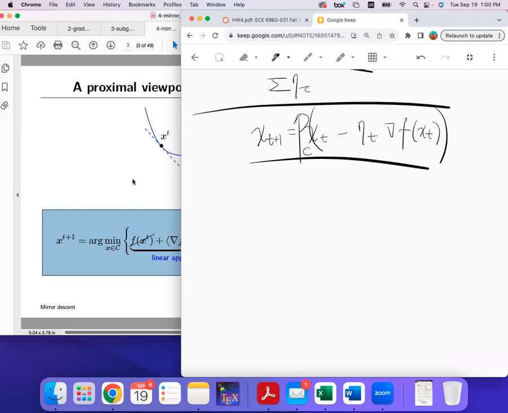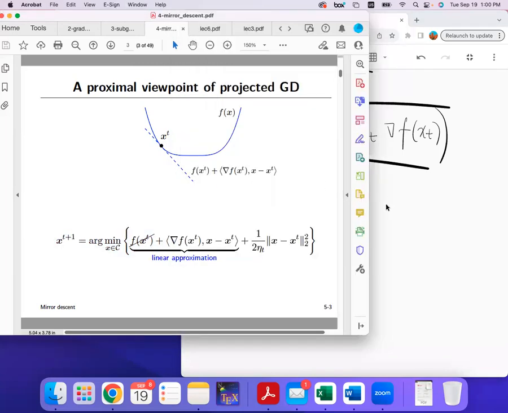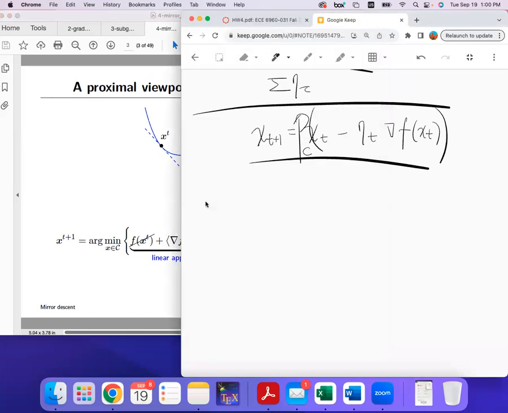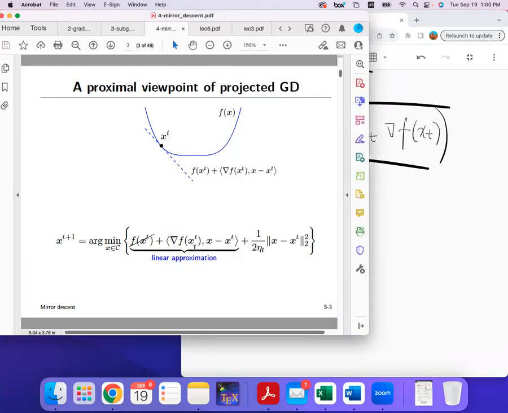To see that, we can start from this part. If you look at these 3 terms, this is an optimization problem in X. We are minimizing over X within the constraint.